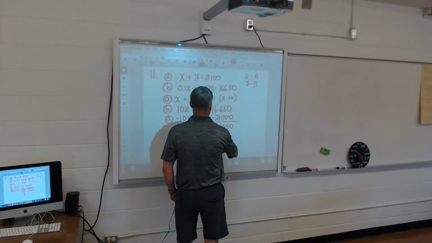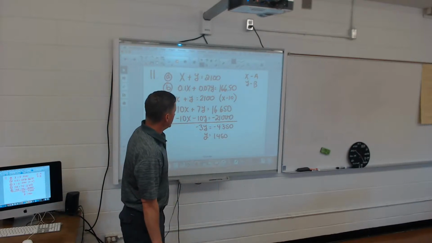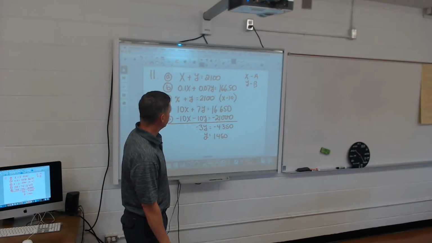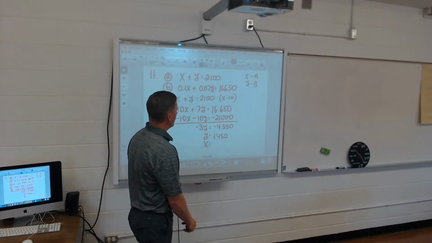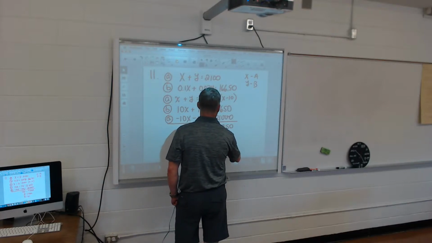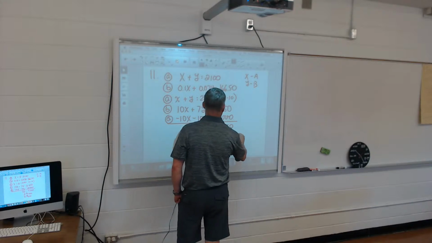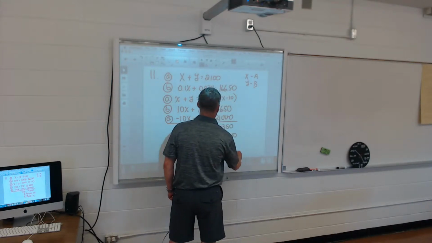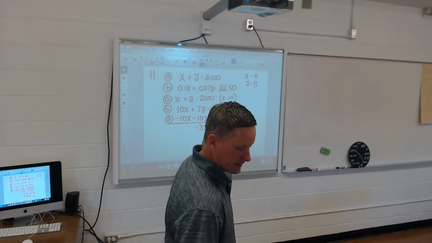So I got Y is equal to $1,450. So investment B is $1,450. I could take that away from 2,100, and I would get $650 as my second investment.